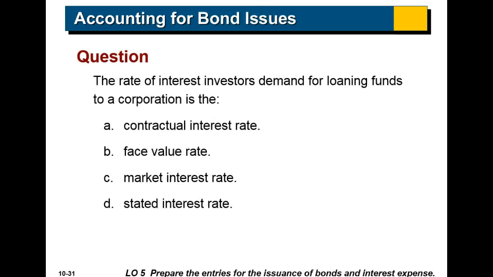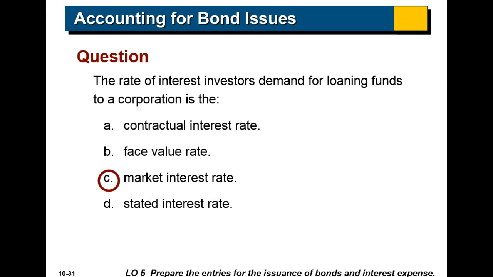The rate of interest investors demand for loaning funds to a corporation is the: A, contractual interest rate, face value rate, market interest rate, or stated interest rate. Guys, the contractual rate or the stated rate are those items that are on the bond.